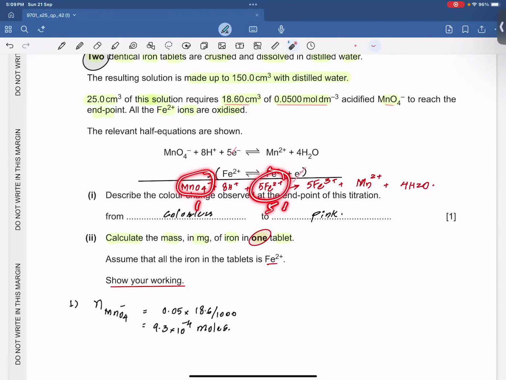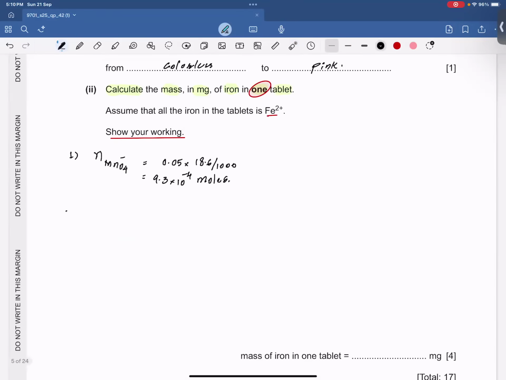So using this molar ratio, I'm going to get the moles of Fe2+ ions. When we have 9.3 × 10⁻⁴ moles, the moles of Fe2+ ions is going to be 4.65 × 10⁻³ moles.